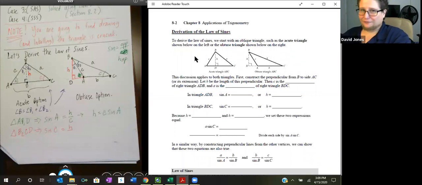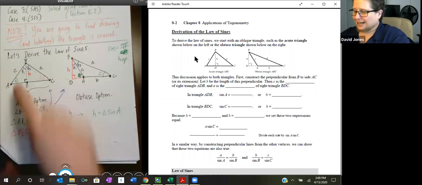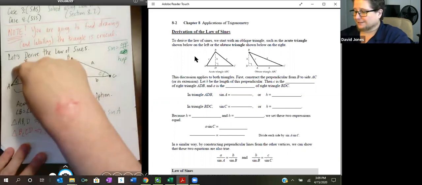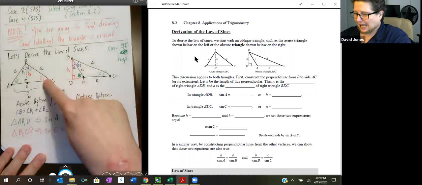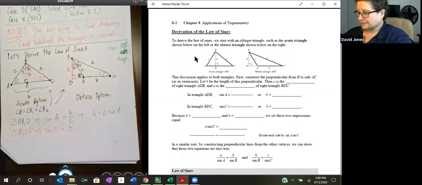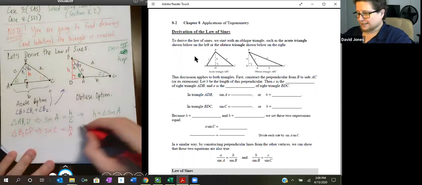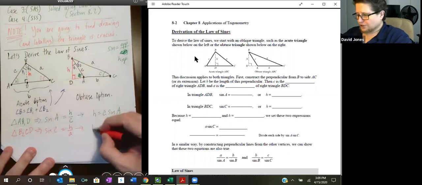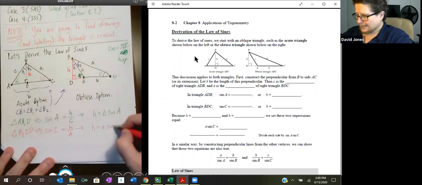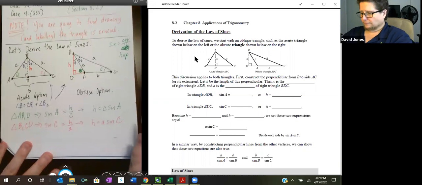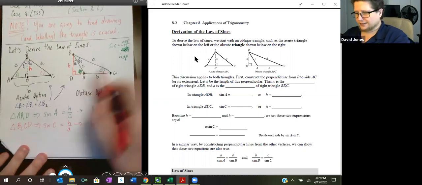That was a fail. All right, you get a little ahead of yourself. So sine of A, opposite over hypotenuse. Sine of C, opposite over hypotenuse. Hypotenuse is a. So here, h equals a sine C. And I can do this in this triangle as well.